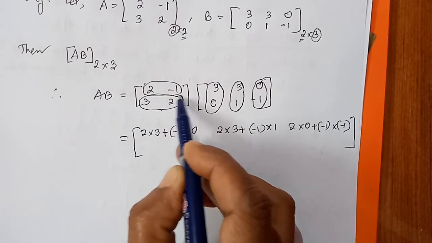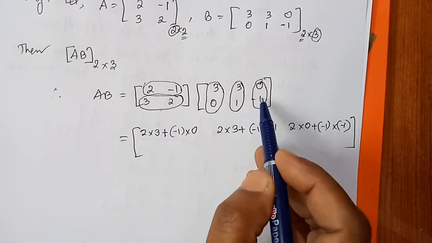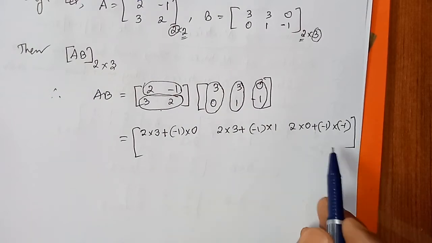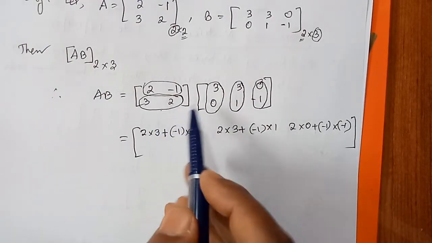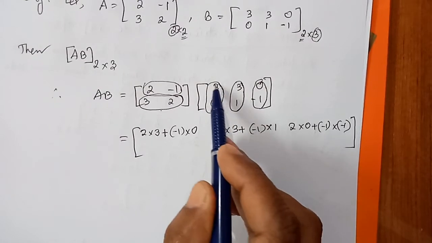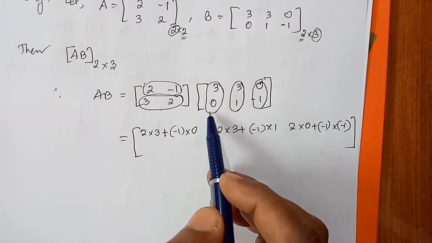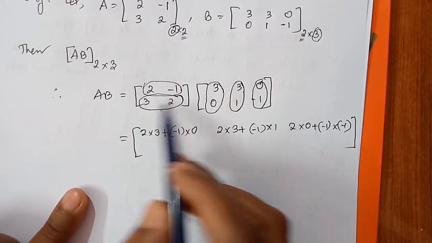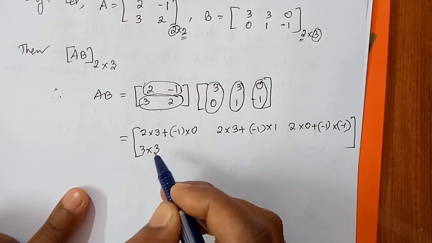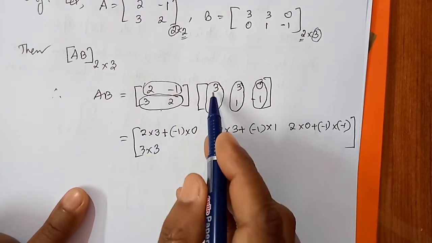When you multiply the second row elements with each and every column, then those will give you the elements in the second row. So now start with the second row elements. You multiply each and every element with the first column. So first element start 3 into 3. Then first element finish.